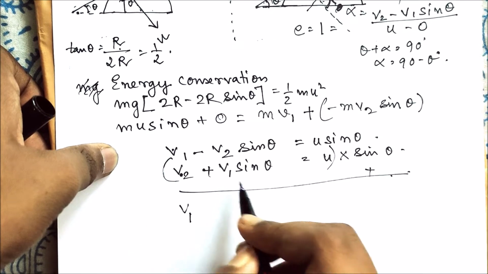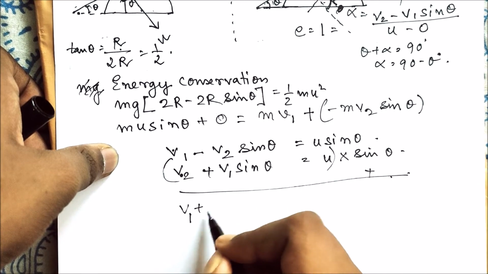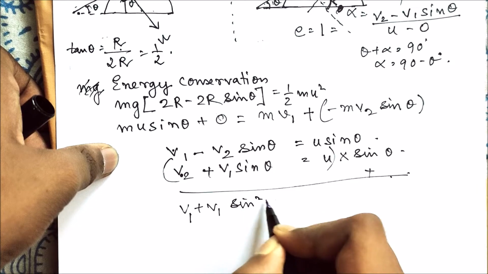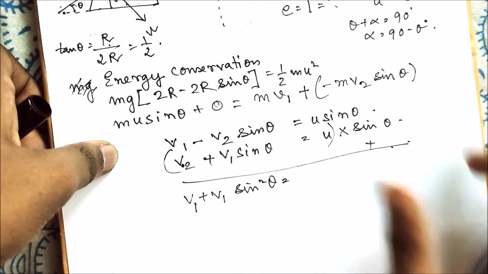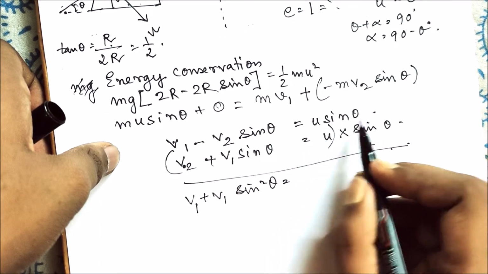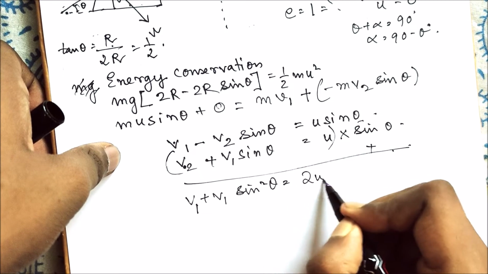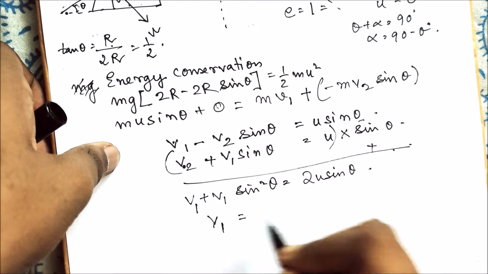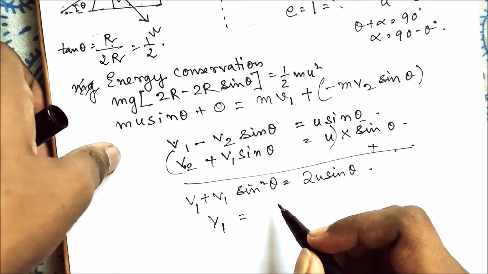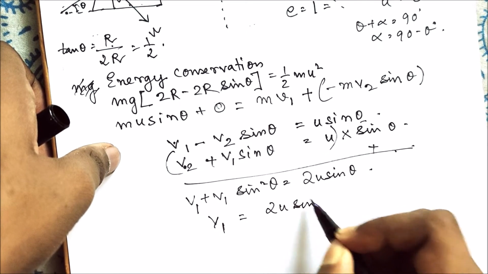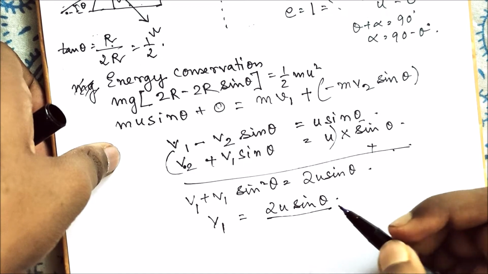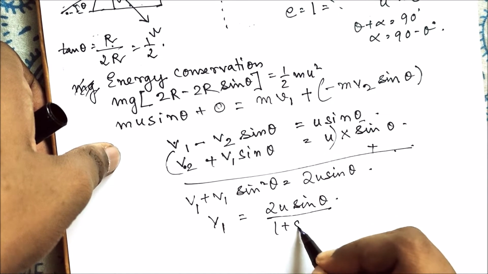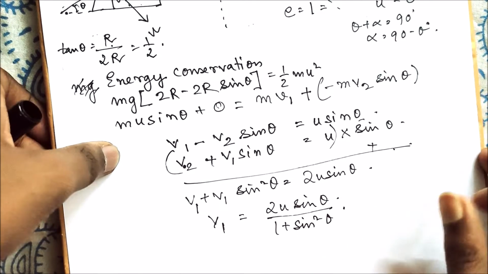What we have left is v1 plus v1 sine square theta, and u sine theta plus u sine theta, that is 2u sine theta. So v1 is equal to 2u sine theta divided by 1 plus sine square theta.